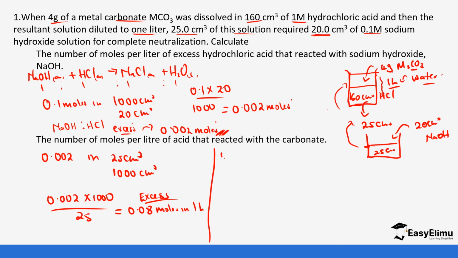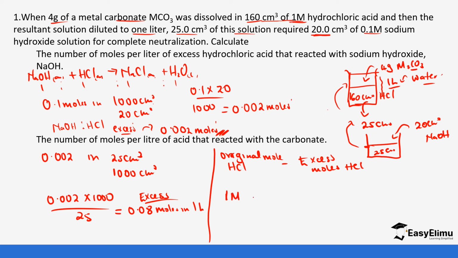So we'll take the original moles of the acid, we subtract the excess moles of the acid, so that we can get the ones that reacted with the carbonate. So the original moles, you have already been given the molarity of the acid, which was 1 molar.